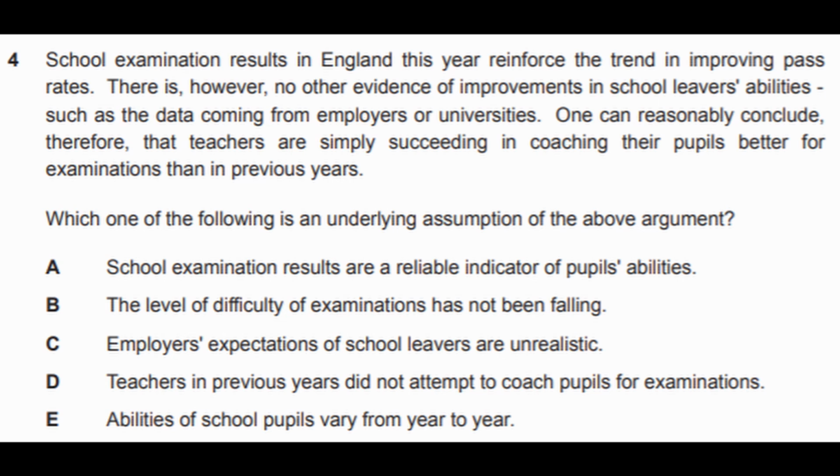And the answer is yes, their ability would stay the same, but we see an improvement in exam pass rates because teachers have gotten better at coaching their pupils. So again, if we put in an explicitly negative version of this assumption, our argument still makes sense, and so we need to reject E, and having rejected all those others, that leaves us with B.